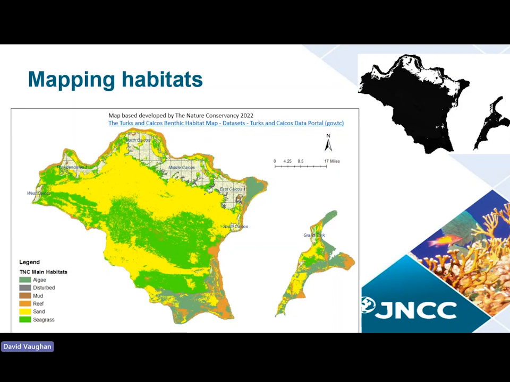So the accuracy of those maps has improved over the years as more surveys have been done, and as a result, the confidence in the results has grown. So there's a trade-off between more work and more monitoring, and actually feeling much more confident about putting recommendations based on these kinds of things.